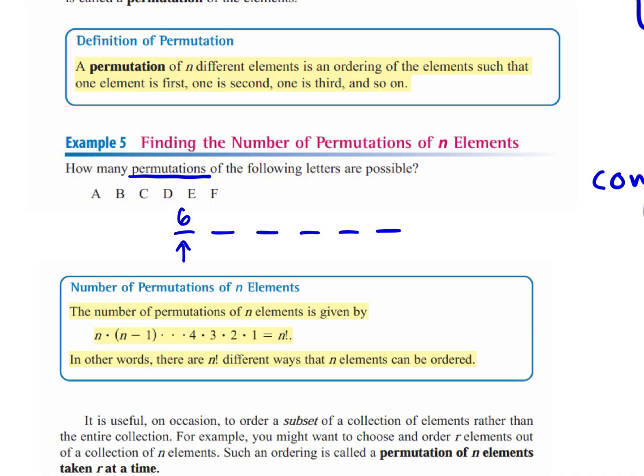So how many different letters could I have be second? 5. If we put F second, so if A is first and F is second, how many different letters could be third? 4. What do you think about for fourth? 3, 2, and then 1. So we would just multiply all of these together to find the amount of permutations for our letters. So this would be 6 times 5 times 4 times 3 times 2 times 1, which would be 720.